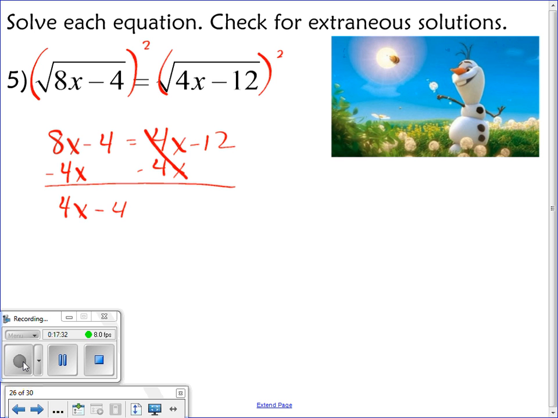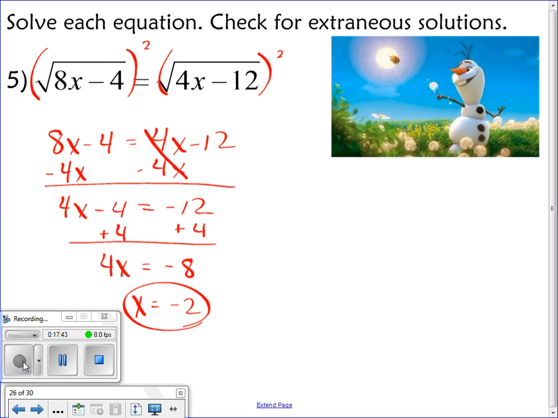So 4x minus 4 equals negative 12. Add 4. 4x equals negative 8. Divide by 4. X equals negative 2. Do you need to check your answer? Did you have an x on both sides of the equation? You did. You need to check this.